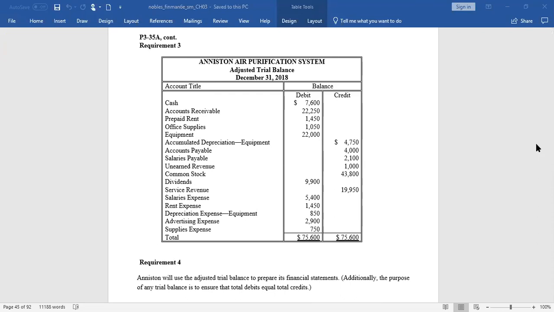Okay, I guess I can create them on the computer in Excel or something, but it's easier if you just have them in front of you, and then we could talk about the changes and you can update your own while they're in front of you. So that was the P3-36A. And you also want to get your notebooks out because we're going to continue working on the financial statements.